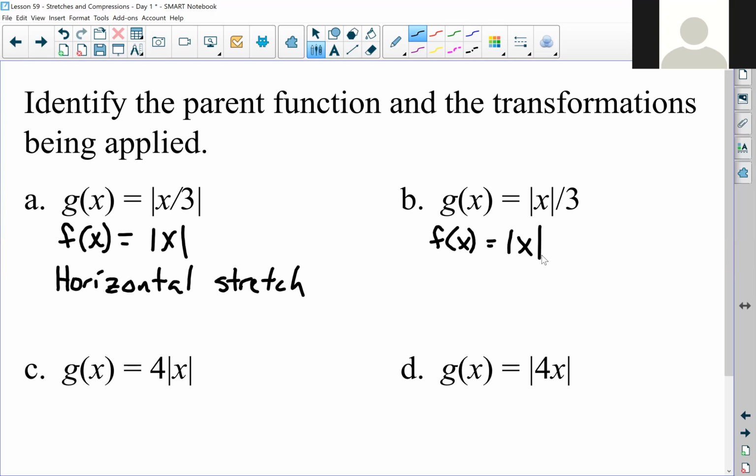If you remember back to intermediate algebra, when we did transformations with the absolute value function, things happening inside the absolute value were the opposite of things happening outside. So inside, when we divided by 3, we got a horizontal stretch. Outside, we're dividing by 3, so we're going to get a vertical compression.